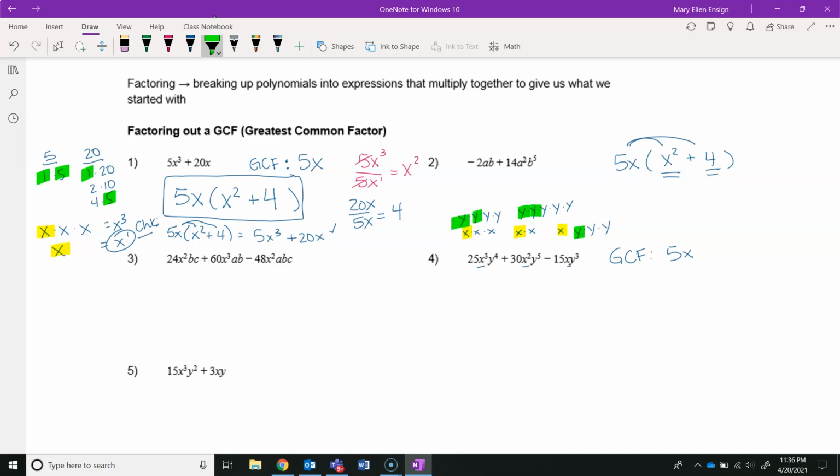I can take out a second y from each of those. I can take out a third y from each of those, and then I'm done. Again, notice that's the smallest exponent. So 5xy to the third is going to be my GCF.